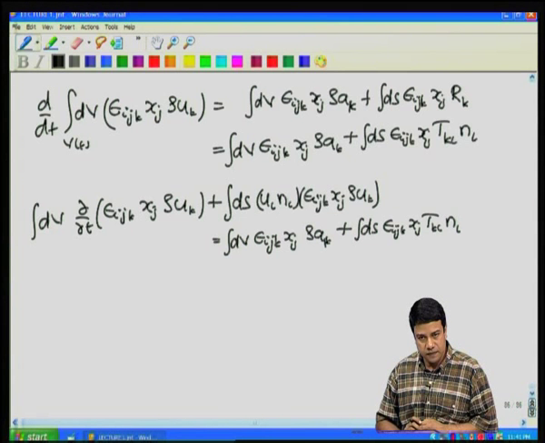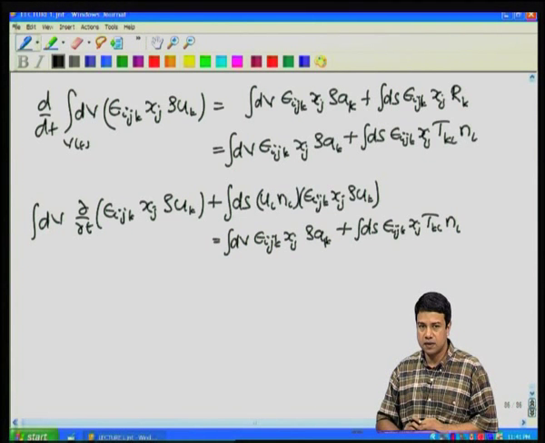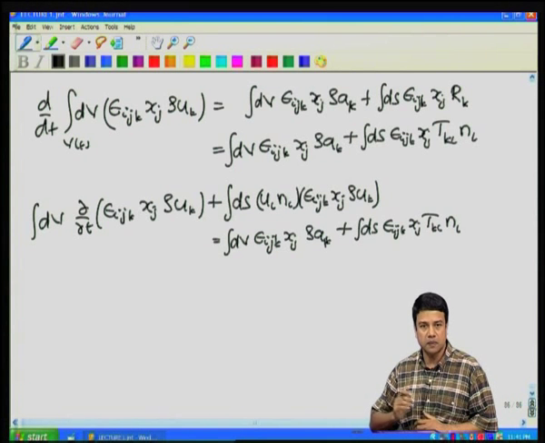Convert the surface integrals into volume integrals using the divergence theorem. And also use the fact that epsilon is independent of time, and x is also independent of time, because position and time are independent coordinates.